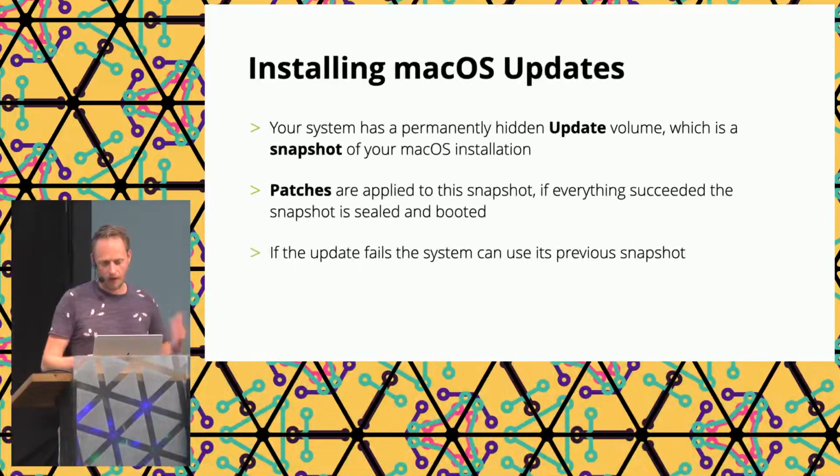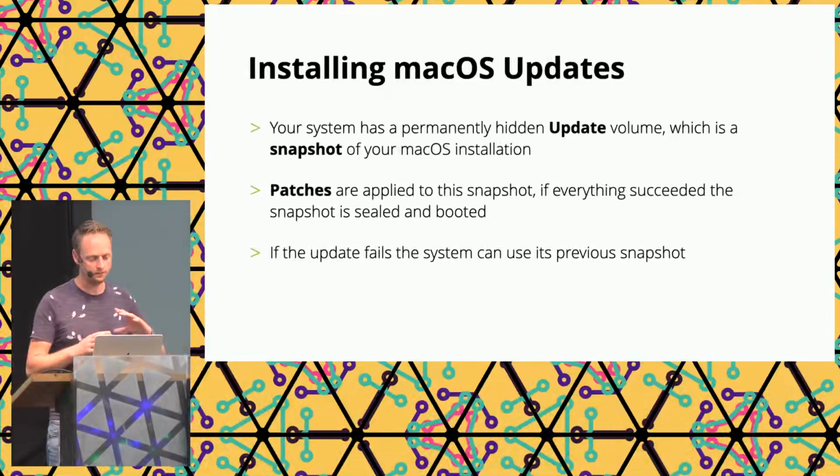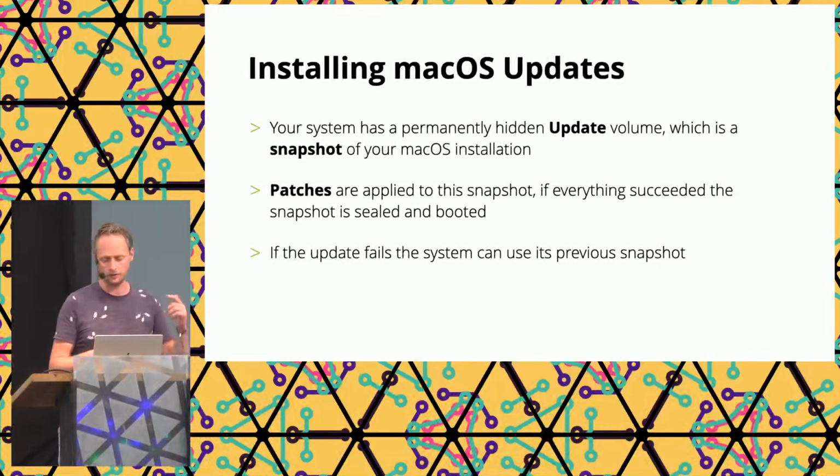So how are updates implemented then? Well, your system has a permanently hidden update volume, which is a snapshot of your current macOS installation. So patches are applied to the snapshot, and if everything succeeds, the snapshot is sealed and it will be booted.